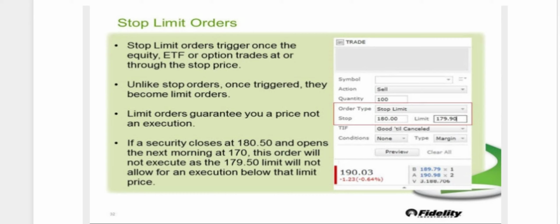If you see something that has extremely high average true range all of a sudden, you might want to be cognizant, if you're going to go the limit route, that maybe you don't want to make it too close to that stop level, because it may blow right through it and you never get filled and you don't manage any of that risk. So remember, just to make it very simple, the stop order, you're going to get out, you don't know what price. The stop limit order, you know the price, but you might not get out. Once again, it's a trade-off.